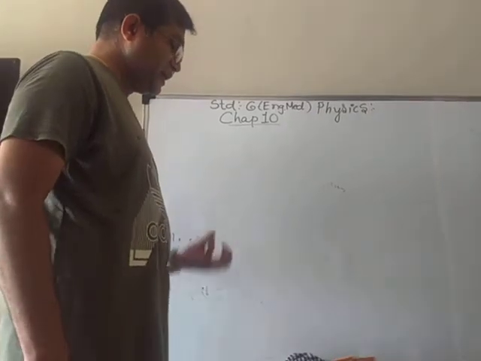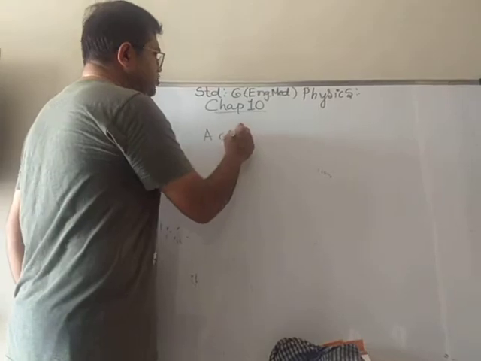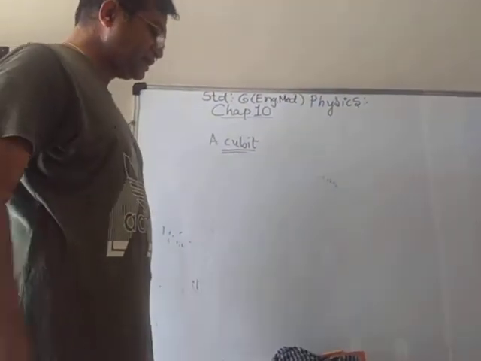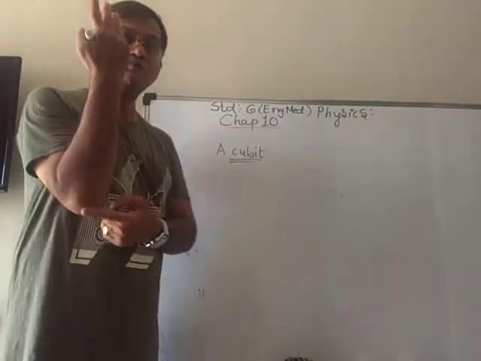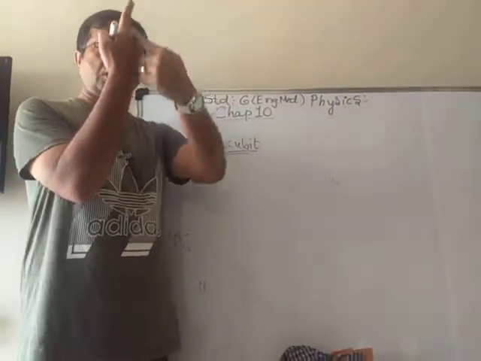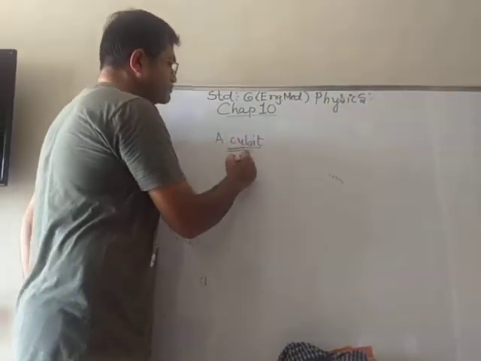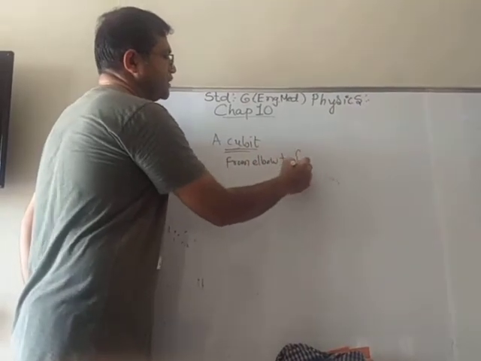It means that, like a cubit, they were using a length cubit. What is a cubit? Cubit is the length from the elbow to the fingertips. This is your elbow, this is your fingertips. So they were using this length as a cubit, from elbow to fingertips.